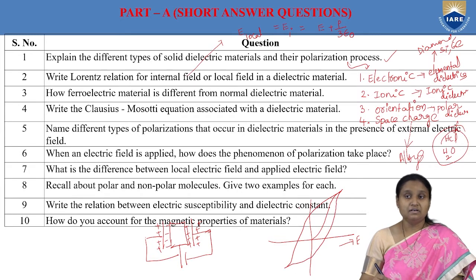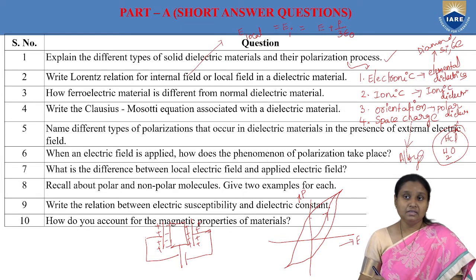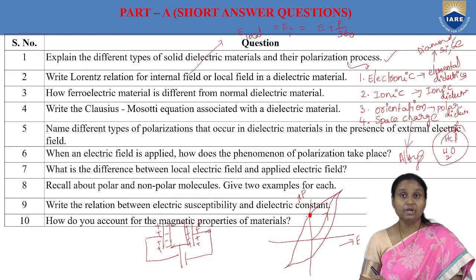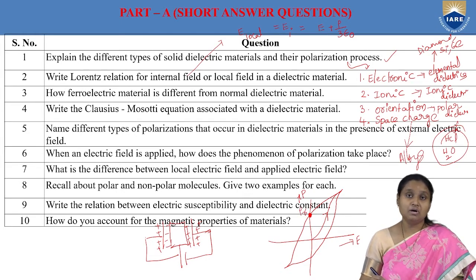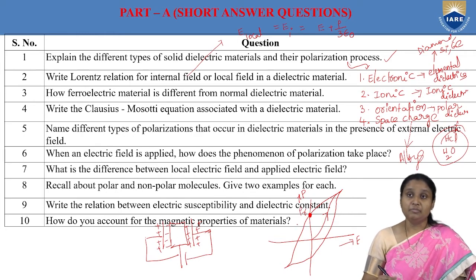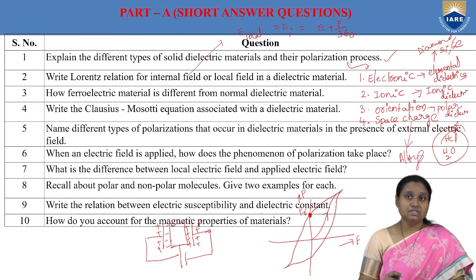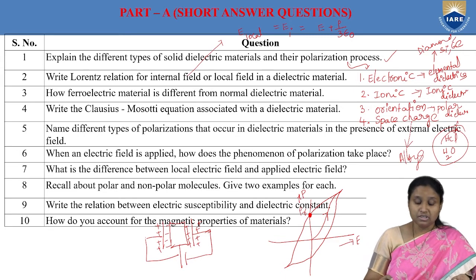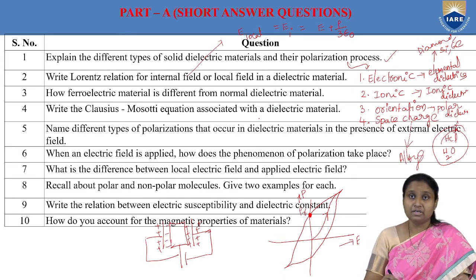In this hysteresis curve, we take electric field on the x-axis and polarization on the y-axis. Even once we bring the electric field back to zero, some polarization is retained by the ferroelectric material. That polarization is called remnant polarization or retentivity, and because of this retention it is used in memories. After removal of the electric field, ferroelectric materials maintain spontaneous polarization. That is the difference between normal dielectric and ferroelectric material.